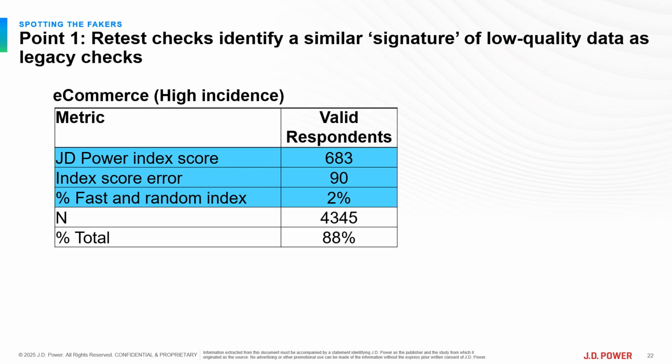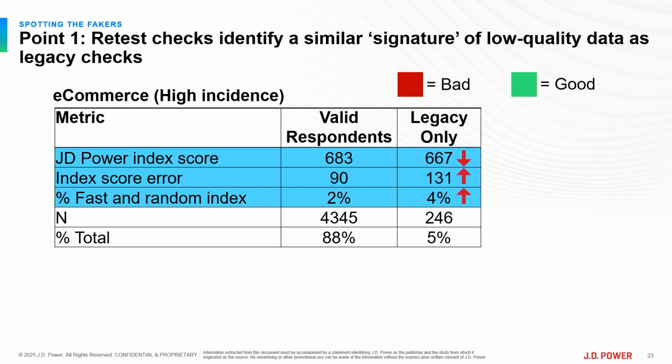Now, when we look at respondents who failed the legacy checks, it's already off, right? The story that's going to get built up here is that the data are off, and they're off in a bad way. To give you an idea of how to interpret these numbers, the 683 versus 667, that's pushing a 20-point drop.